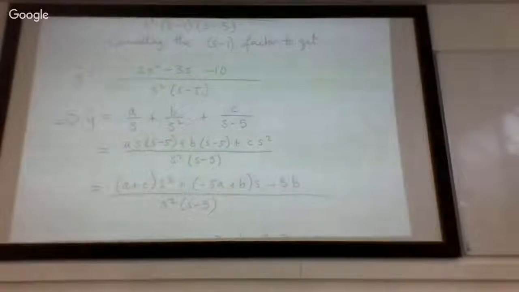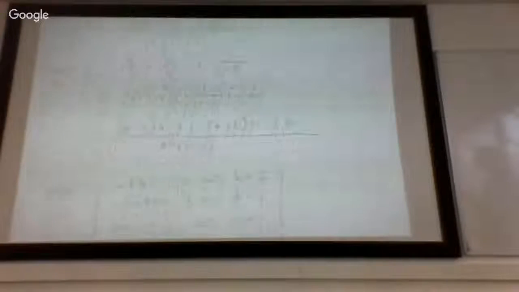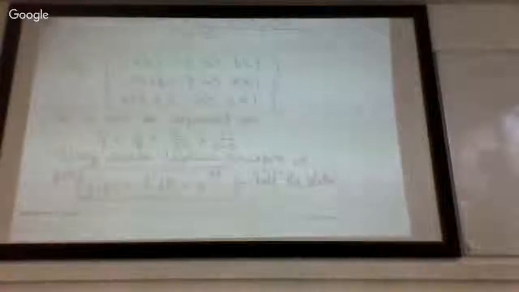So that would be one way to proceed. That's maybe the canonical way to proceed, or the algorithmic way to proceed.